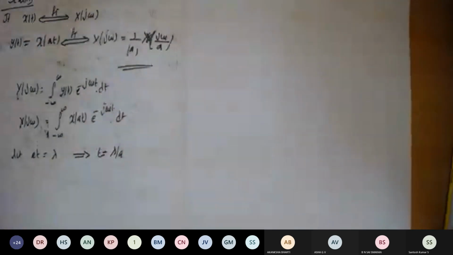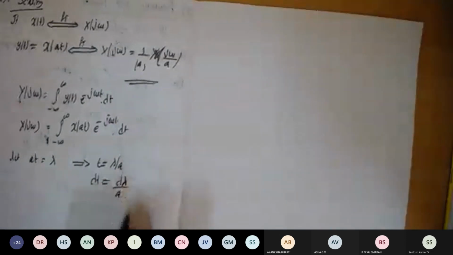This implies that t is equal to lambda by a. Similarly, let us find the value of dt. So dt is equal to d lambda divided by a.